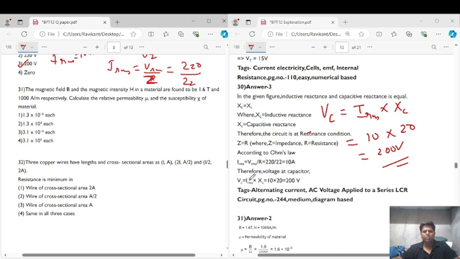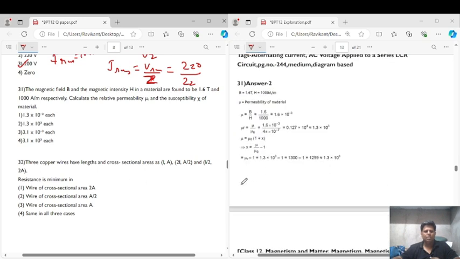Now question number 31. The magnetic field B and the magnetic intensity H in a material are found to be 1.6 Tesla and 100 ampere per meter respectively. Calculate the relative permeability mu R and the susceptibility for the material.